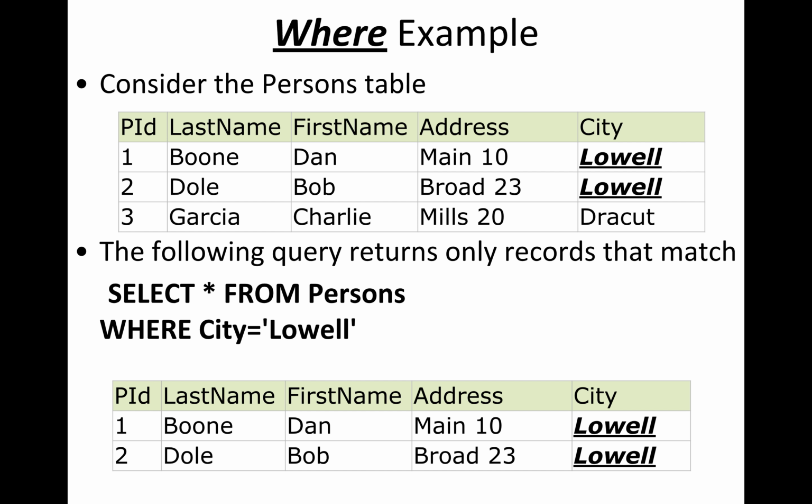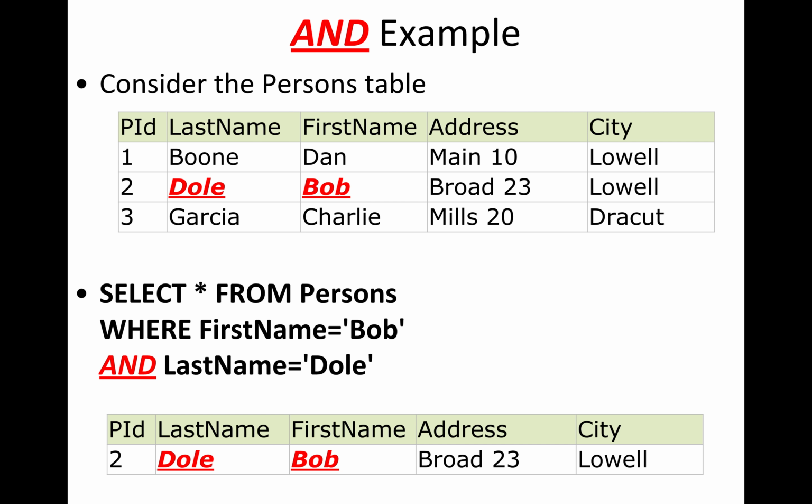So here's a couple of really simple examples, retrieving all the persons from the person table who live in Lowell. Out of these three records, we only have these two. And here's a simple example of combining two predicates using the and.